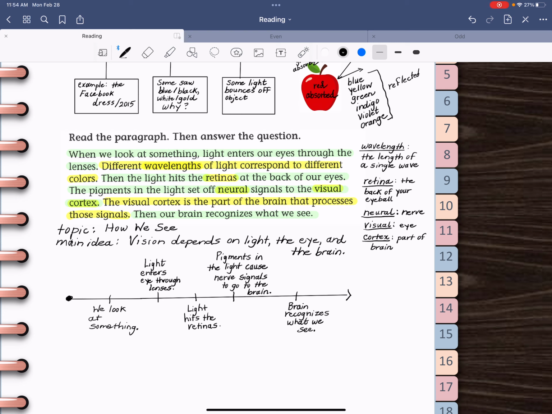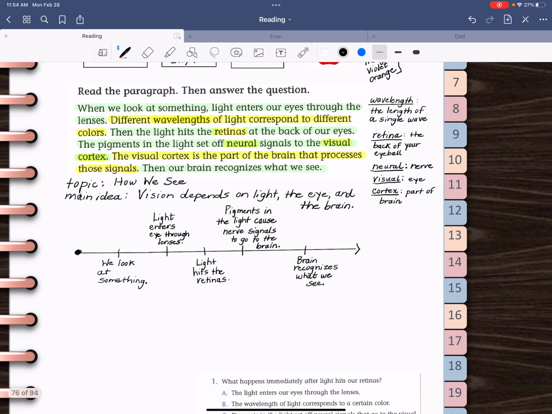So we've learned some new vocabulary. We've learned 2 rules of science here in yellow, that different wavelengths of light correspond to different colors. We looked at the rainbow. We learned what the visual cortex is. And we learned how this process works. All in this little passage.